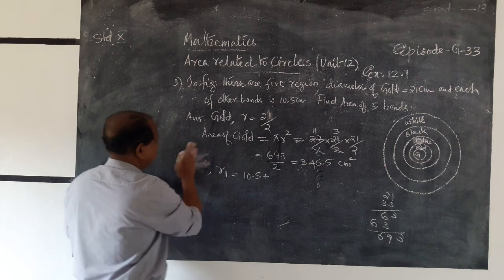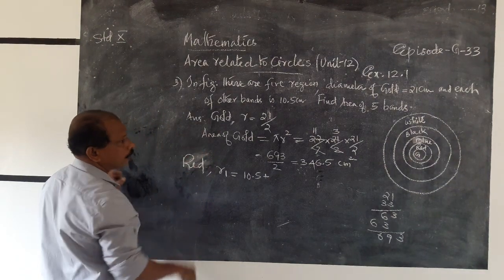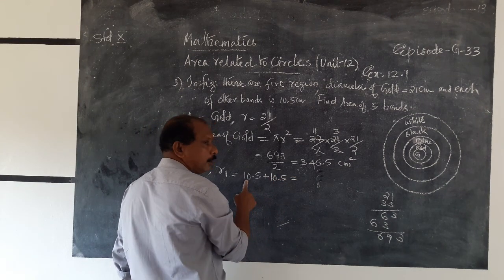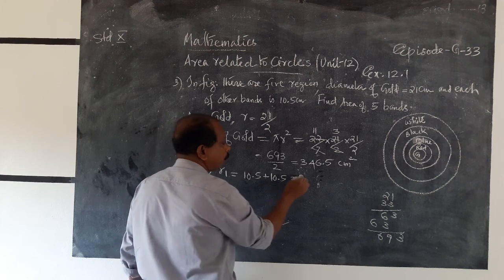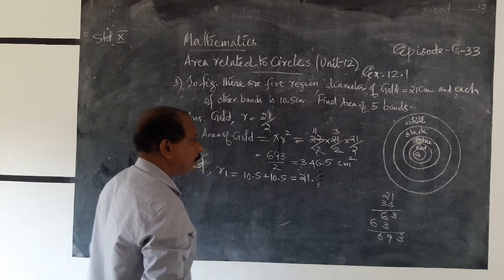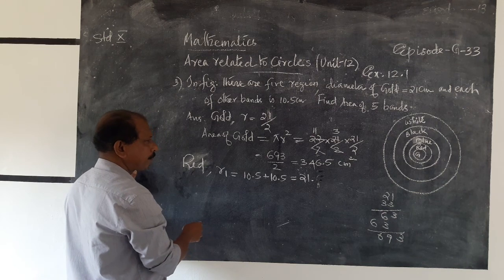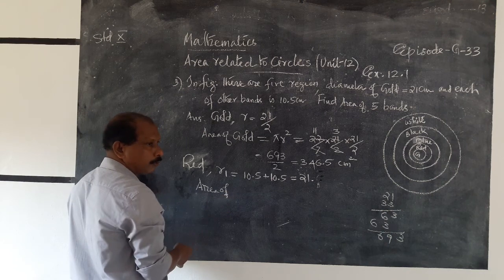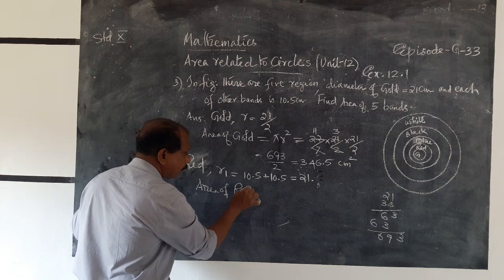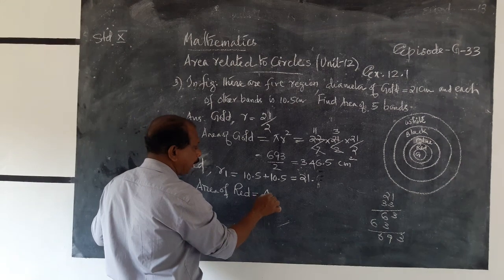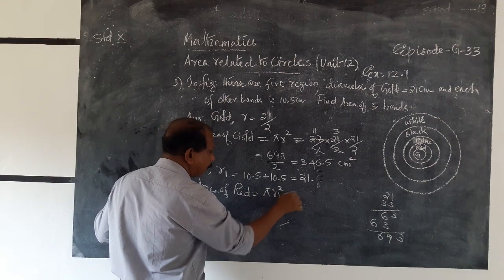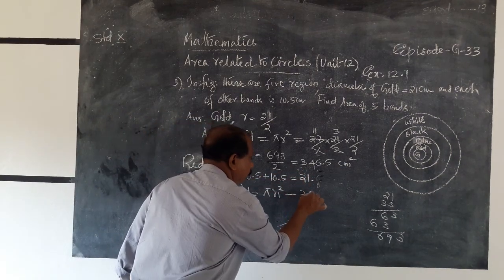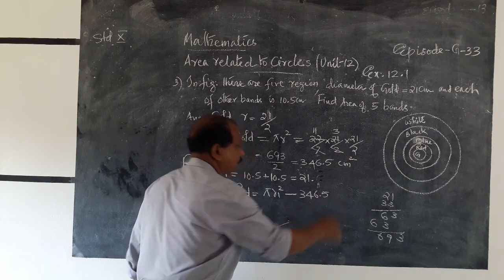Now the blue is red plus 10.5, which is equal to what? 10 plus 10 is 20, 21. Therefore, area of red is equal to pi r square minus area of gold. 346.5.